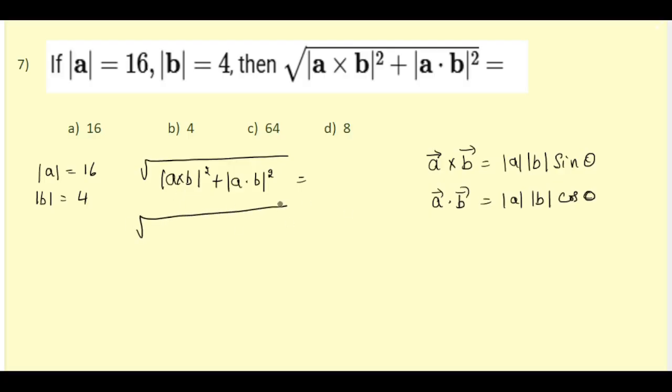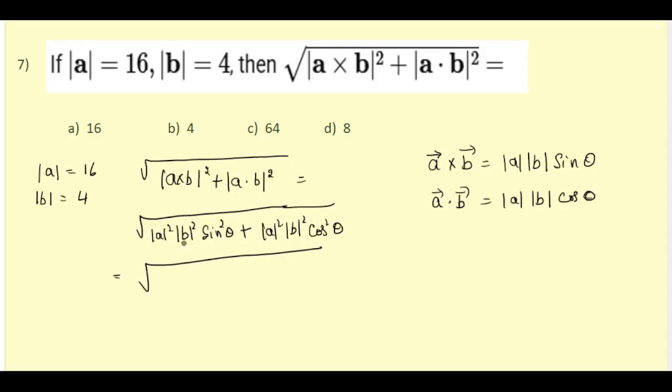So we can write this as A square into B square into sin square theta plus A square into B square into cos square theta. Here A square and B square are common, so we can take this outside: A square into B square, into sin square theta plus cos square theta.